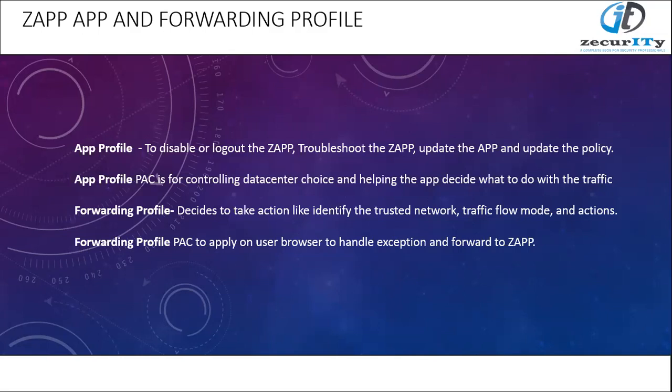The forwarding profile is about how, from the user agent, that is a browser or an application, I should send my traffic to Zscaler, or whether I should send the traffic direct. That decision is taken by the forwarding profile. Should I tunnel the traffic, or enforce the pack file only, or tunnel and enforce the pack file?